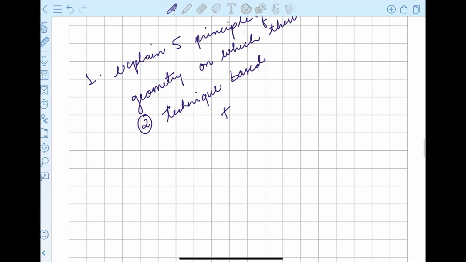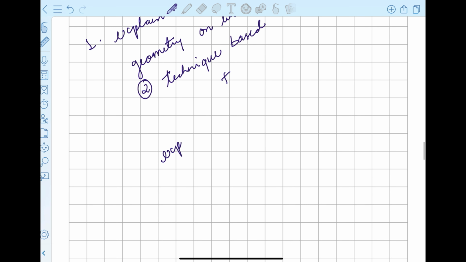Plus, explain the bisecting angle technique and the paralleling angle technique.